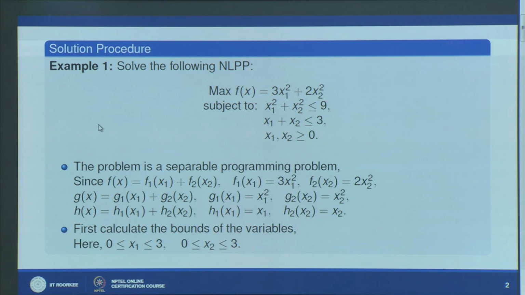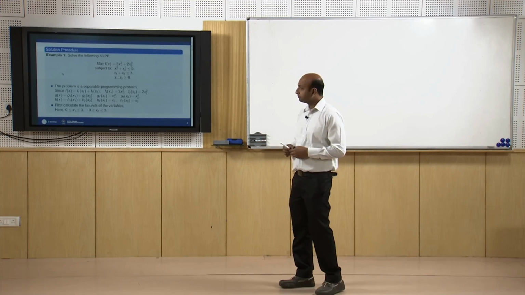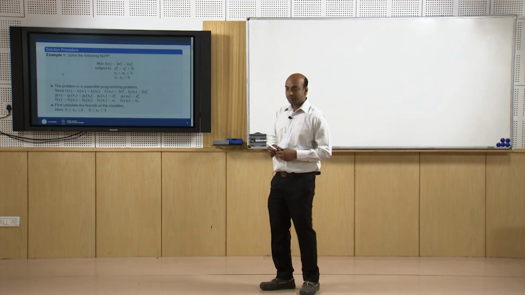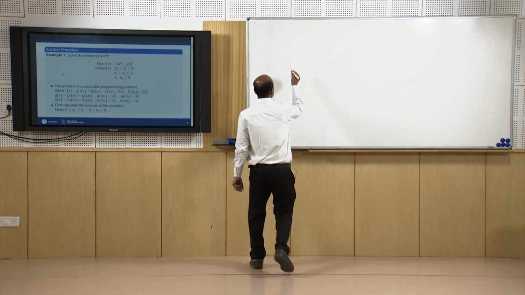The first constraint is also separable, the second constraint is also separable, and the non-negativity condition is also separable. So, it is a separable programming problem. Now, how to solve this problem? So, let us see, what is the problem?